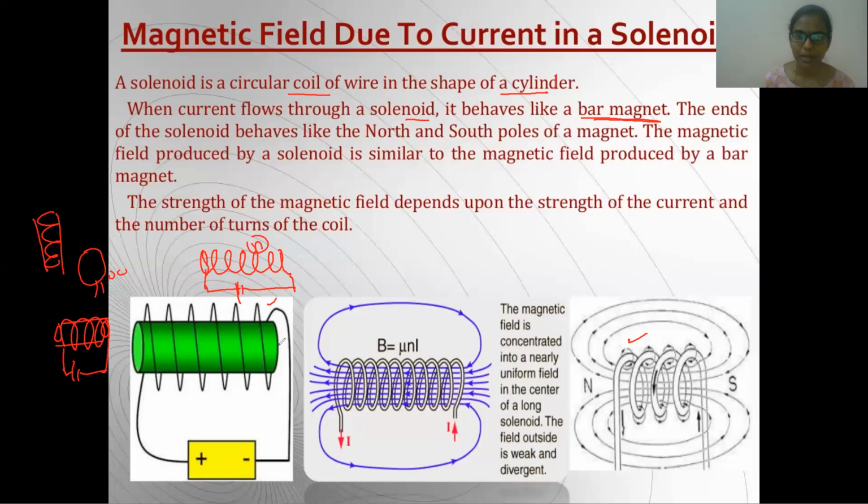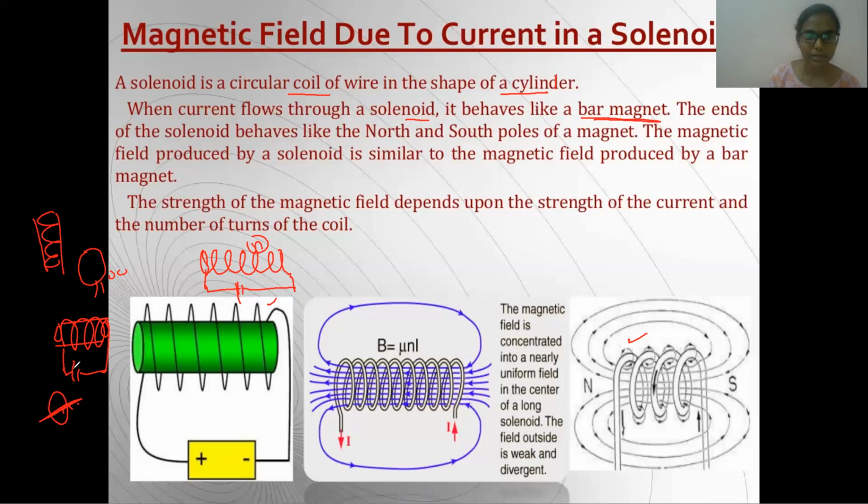Why is it so? Because, children, in each circular loop, if current is flowing in this direction, the magnetic field lines come out almost straight outwards. Imagine the current is flowing in the upward direction, the magnetic fields go in the outward direction.